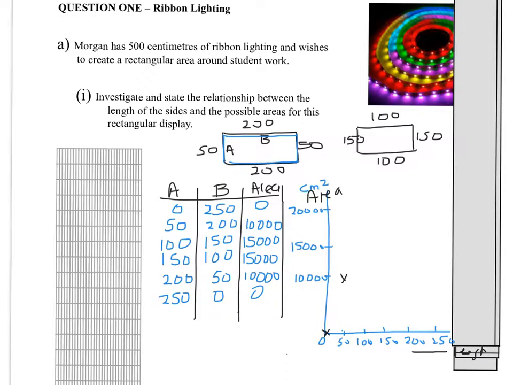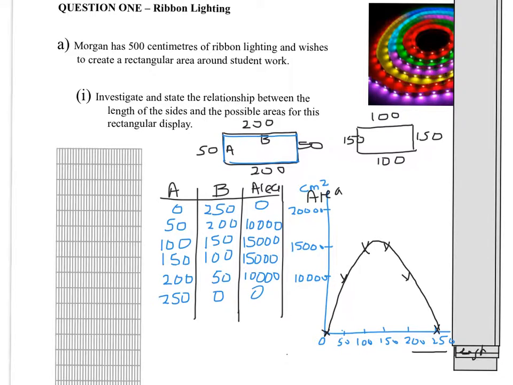With 100 centimeters side, I get 15,000 area. With 150, I also get 15,000. This is very rough here, I'm sorry. 200, I get an area of 10,000, and back down. So as you can see, we have a parabola.